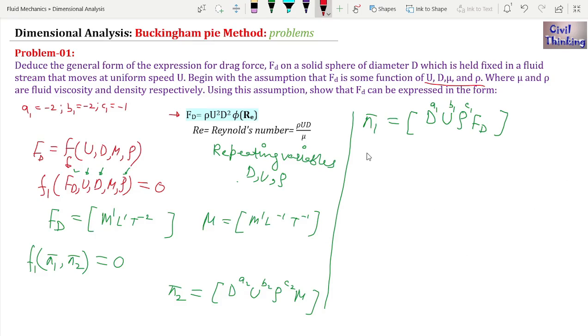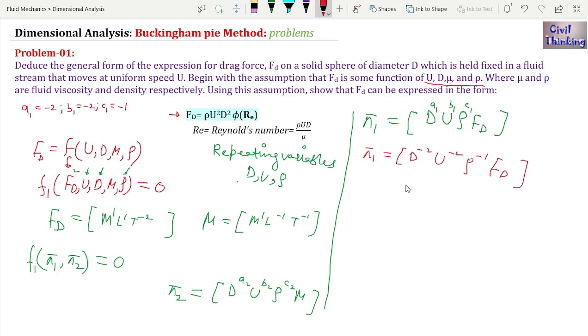Now what we will get is pi 1 to be d to the power a1, and a1 is minus 2, so d power minus 2. Now u power b1, b1 is again minus 2, and c1 is minus 1, rho power minus 1, fd.